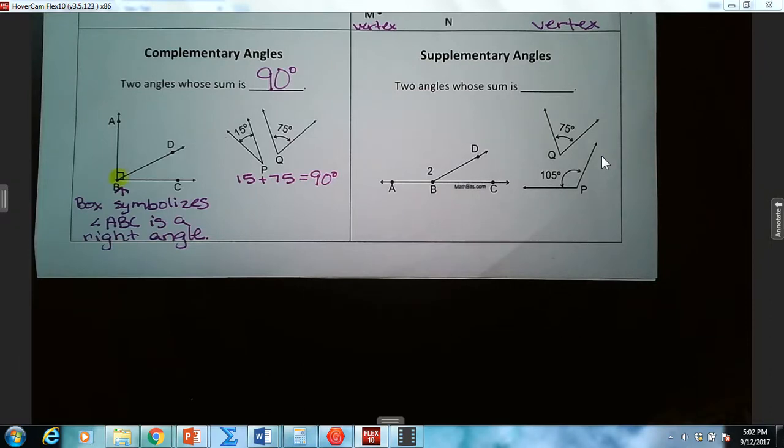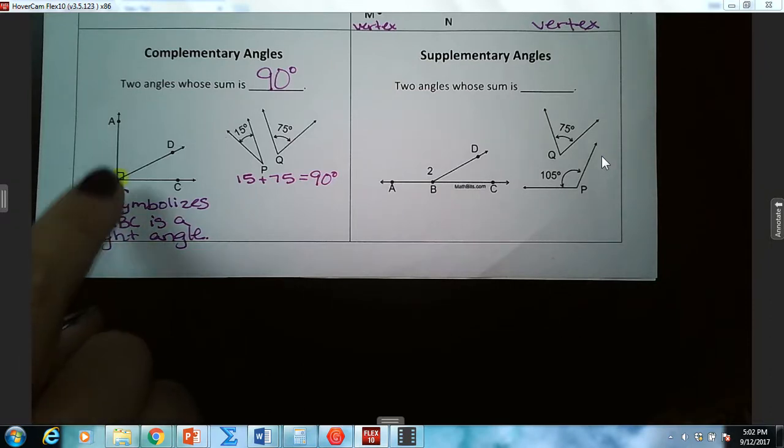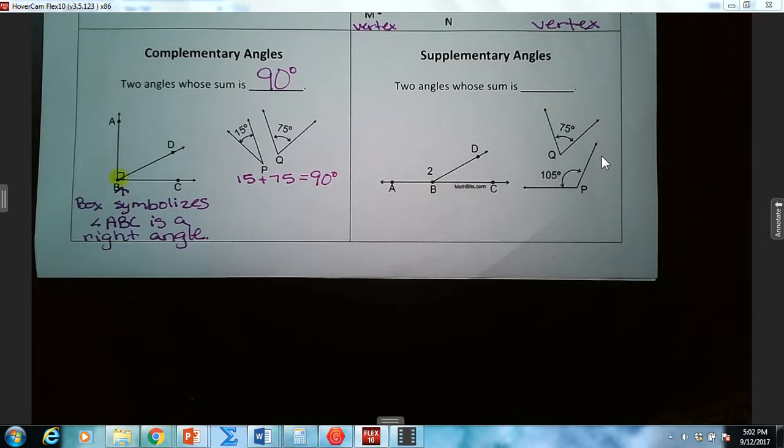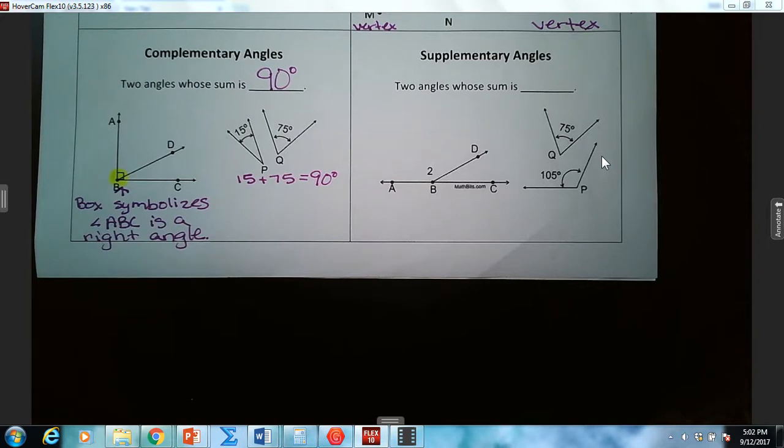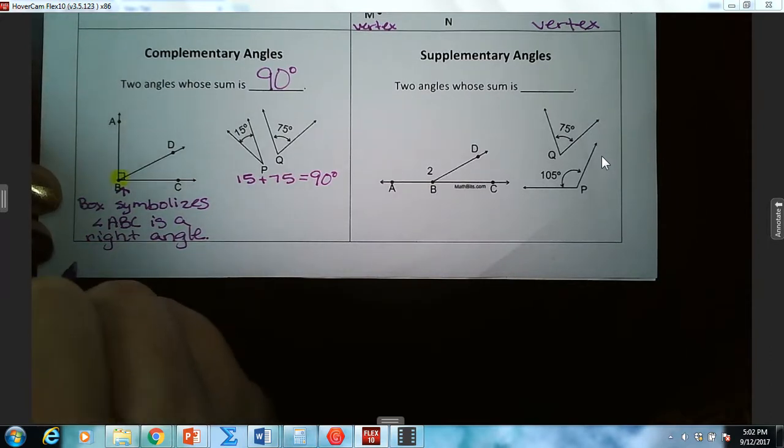So we may not know what the measurement of angle ABD is, and we may not know what the measurement of angle DBC is, but we do know that if you add those two measurements together, it's going to equal 90 degrees. And here's how we'd write that.